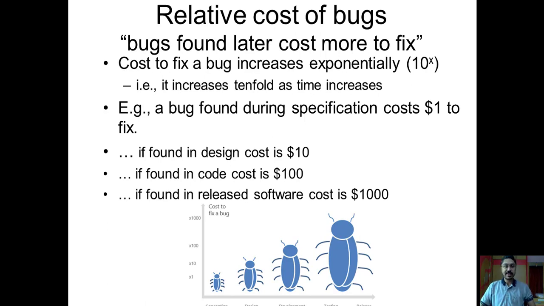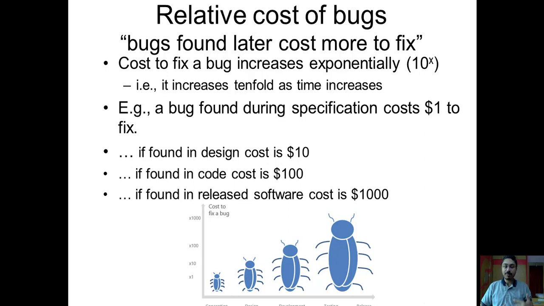Then we have also seen the cost of fixing a bug. If you find a bug in the requirement, it will not cost you anything. It is like zero cost, you can fix that bug. But if you find that bug in the later phases, like in the design, then it will cost you more.